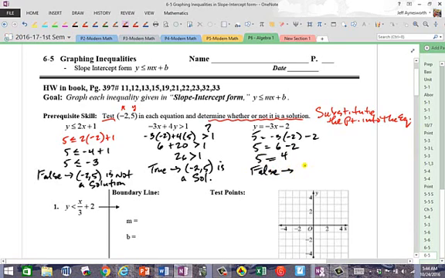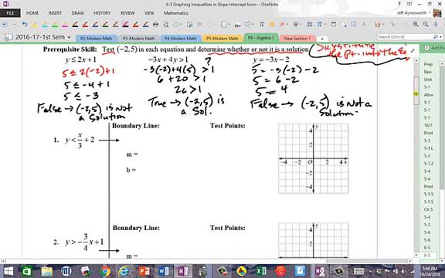So your test point, negative 2 comma 5, is not a solution to this equation either. That's all you do: you substitute the point in, simplify, and ask yourself, is it true or false?